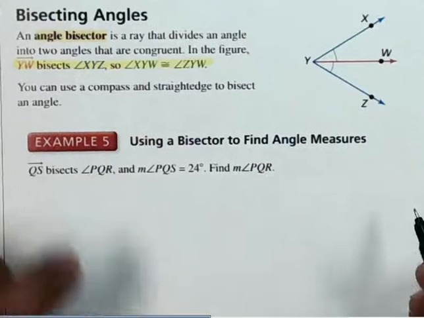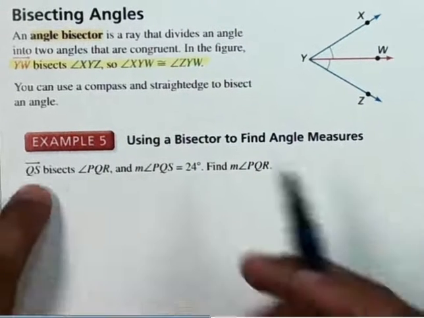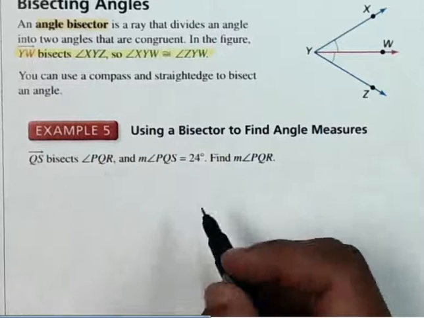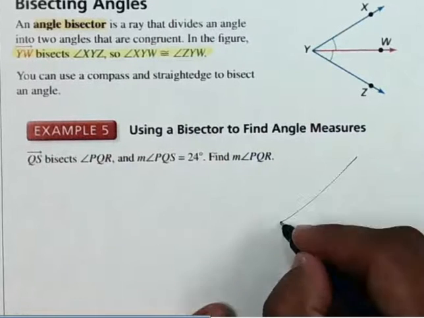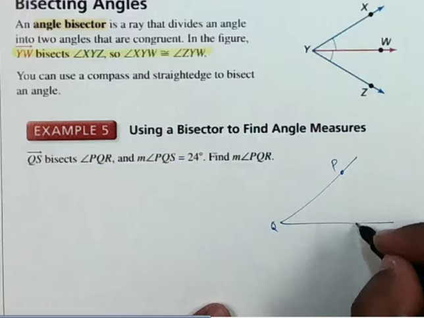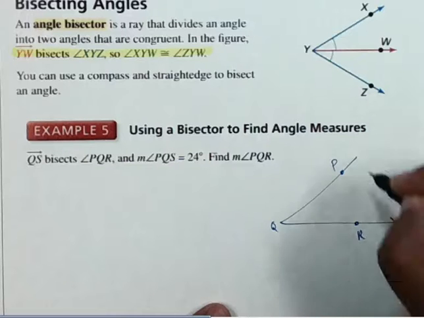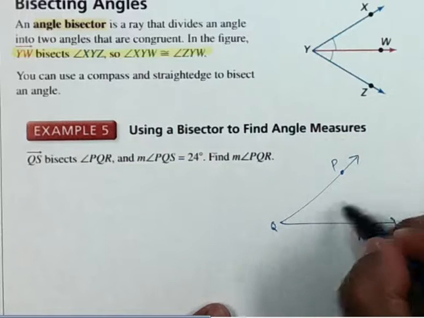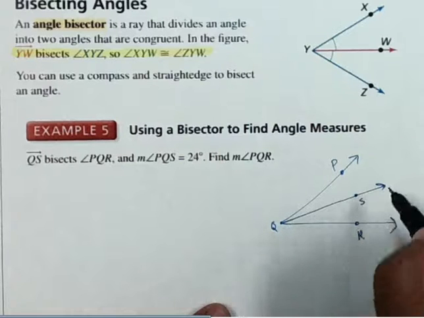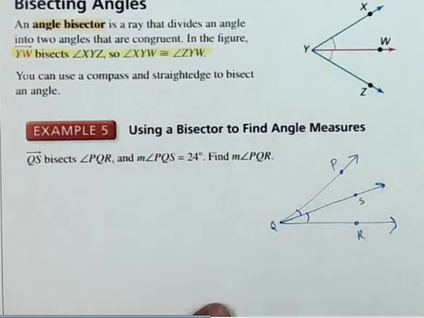All right, so let's look at this example here. Notice the statement looks very similar to what we have up here. QS bisects angle PQR. So the very first thing I'm going to do is draw my angle PQR. All right, and I know QS bisects it, so that means that point S right here is in the interior. And it makes it so that these two angles are congruent.